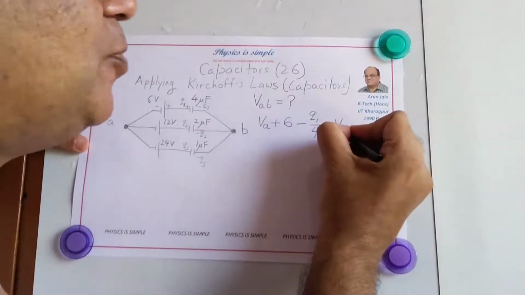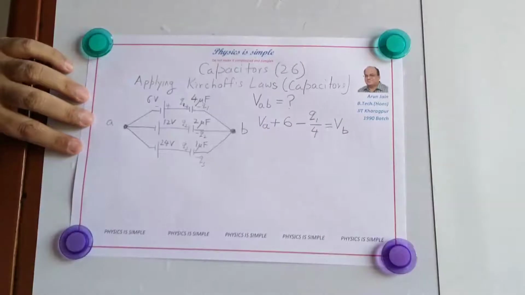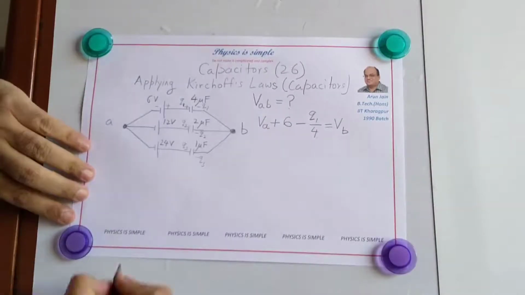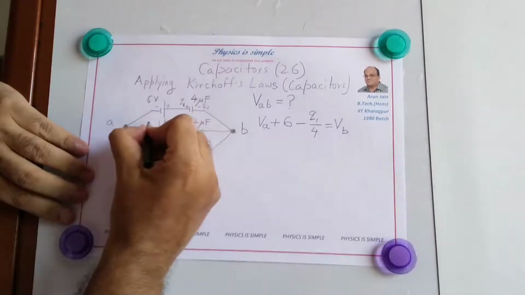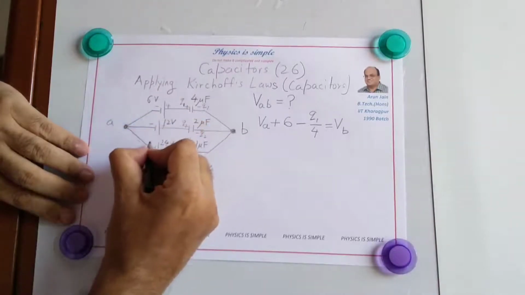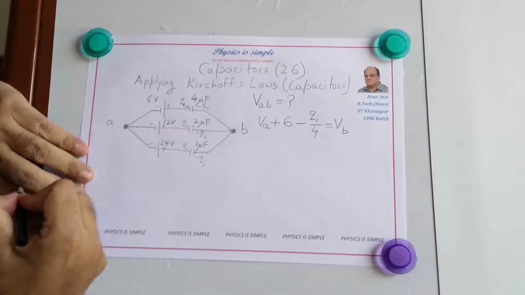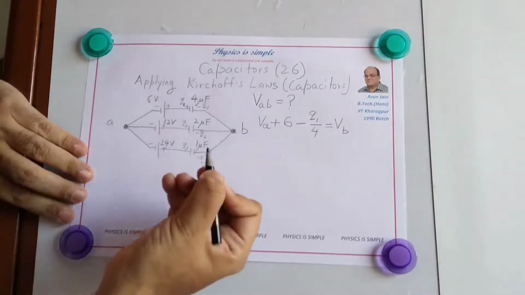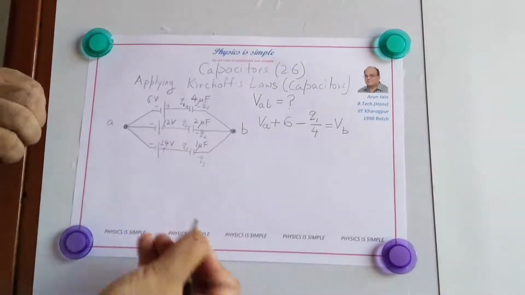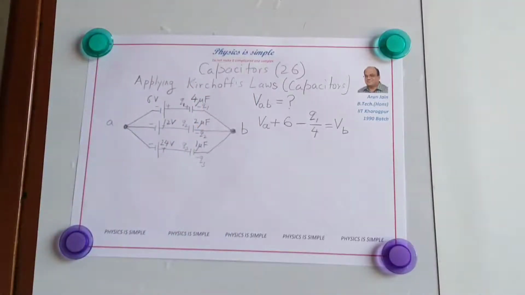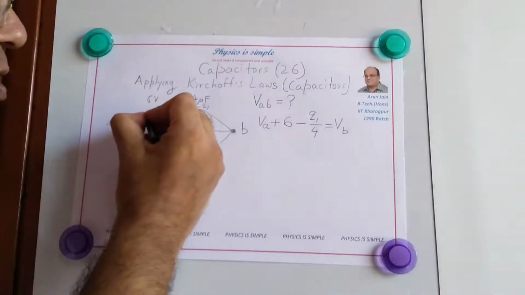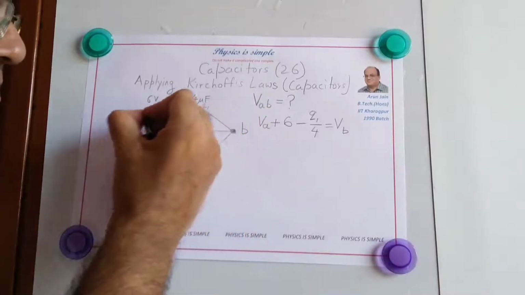So that will give us the potential of point B. Look here, we write down the minus and plus signs of the battery carefully. For all batteries, let us write down plus and minus signs. For capacitors we don't know which is plus and which is minus, so we assume that all these sides are plus or all these sides are minus. Now we are going from A to B first along this path.